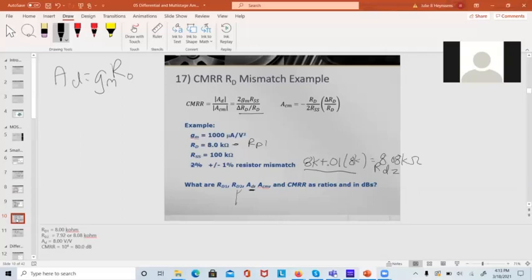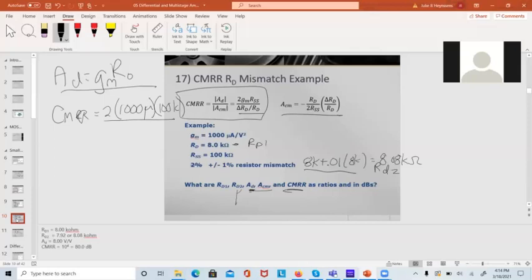The common mode, I'm not going to calculate that here. Okay. The common mode rejection ratio, we've got a formula for a common mode, we've got a formula for AD, and we've got the formula for the common mode rejection ratio already. It is 2 gm, so 2 times 1,000 micro. RSS is 100K.